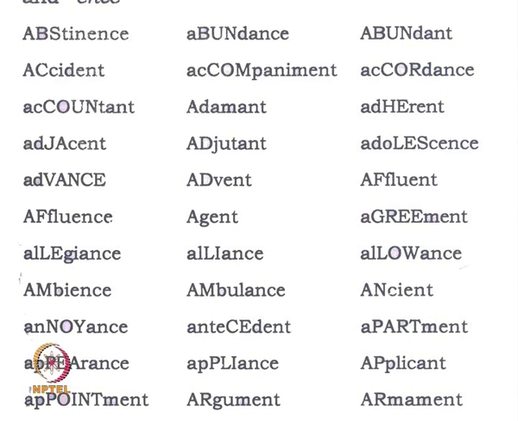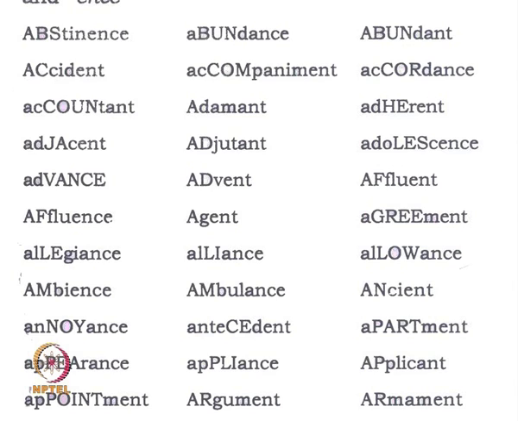Accident, accompany, accordance, accountant, adamant, adherent, adjacent, adjutant.